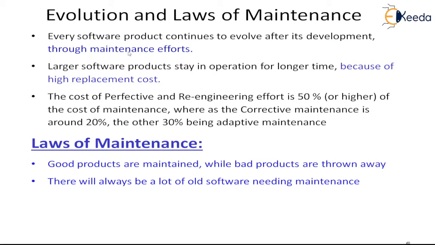That is why we say that maintenance is the highest cost in the development life cycle. If you take the process model of a software, the maintenance effort and cost will be highest, because it will live for 10 to 15 years, and throughout those years you will have to continue to do maintenance.